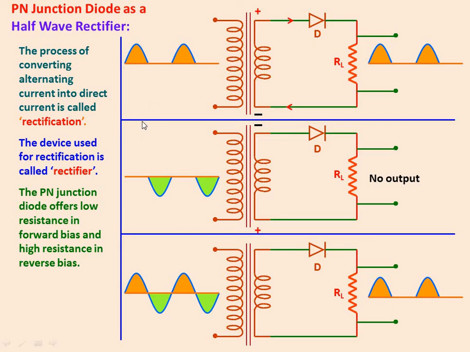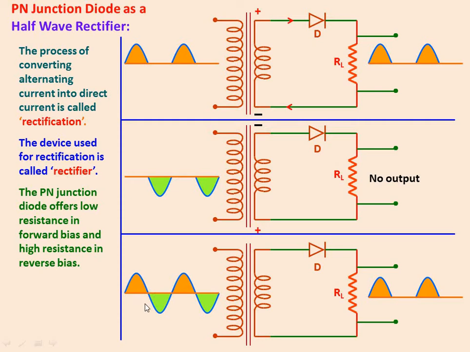Using a single diode we can construct a half wave rectifier, as you can notice here. A half wave rectifier rectifies only one half cycle of the AC input. What kind of input is it? Notice here, this is the positive half cycle and the negative half cycle.